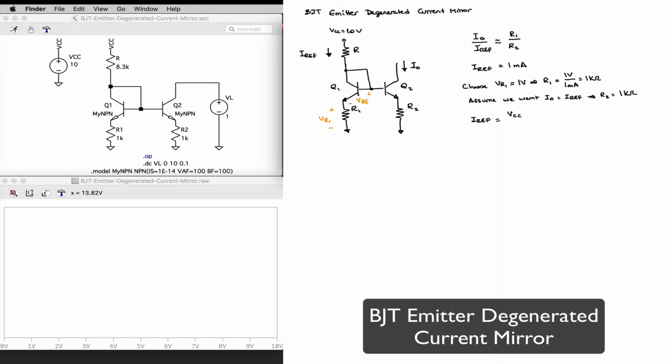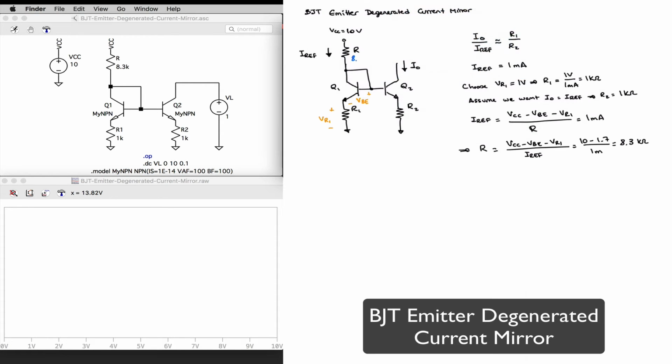With that, I can now calculate my Iref, which is the current flowing through resistor R, as VCC minus VBE minus VR1 divided by R. If I want Iref to be equal to 1 milliamp, then in that case my R is going to be equal to VCC minus VBE minus VR1 divided by Iref, or 10 minus 1.7 divided by 1 milli, which is going to be equal to 8.3 kilo ohms.